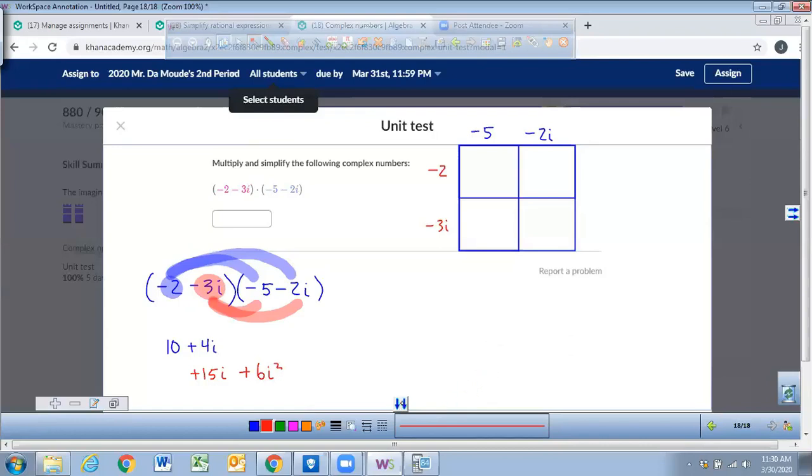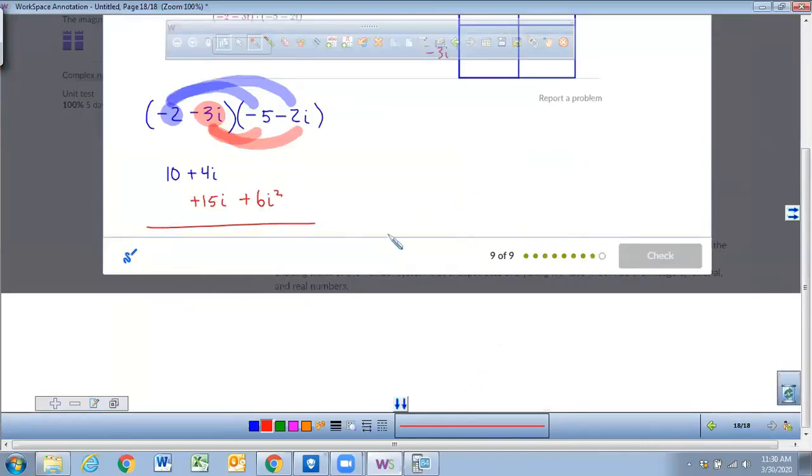Uh-oh, I just said I squared. When I say i squared, what do you guys say? -1. That's right, thank you, Zane. i squared equals -1. So I'm going to plug in a -1 right in there.